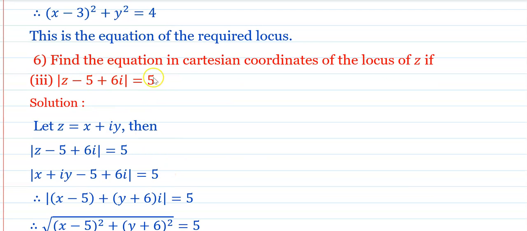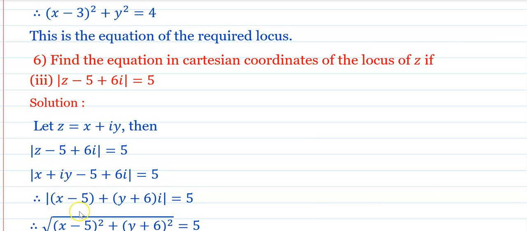Simple in that. Find the equation of the Cartesian coordinates of the locus of z if mod of z minus 5 plus 6i is equals to 5. Again the z is equals to x plus iy. Collect the real parts and imaginary parts. Mod of z minus 5 plus 6i is equals to 5. Z is x plus iy minus 5 plus 6i is equals to 5.